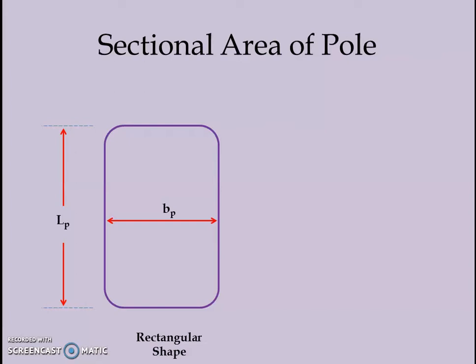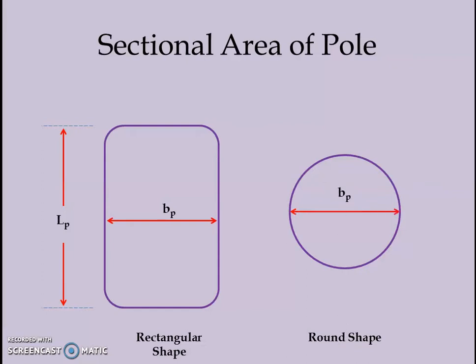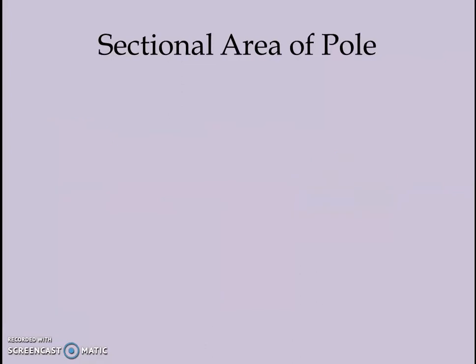We take it slightly less, that is 1 to 1.5 centimeter less, because there is a free movement of the pole inside the stator. So the axial length should be very clear. And another construction is a round shape. In case of round shape, the diameter is again BP. So either it is the breadth or the diameter of the pole. Now the cross-sectional area of the pole.